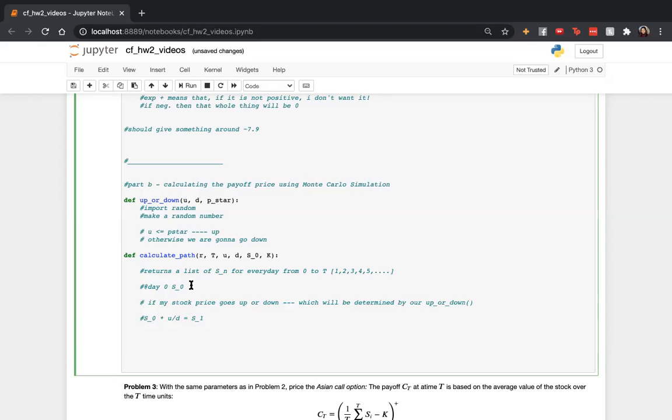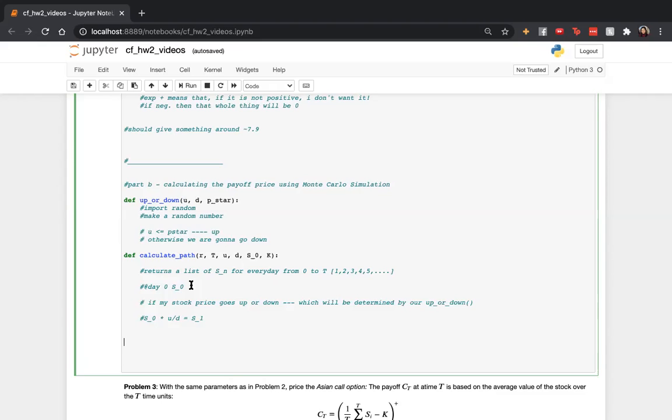That is absolutely fine. I am just giving you one way to think about it, but there are like 50 other ways. So if you did it differently, this doesn't have to be the structure of your code. This is just the structure that I would recommend because we're able to use calculate path for other parts and other problems in here.